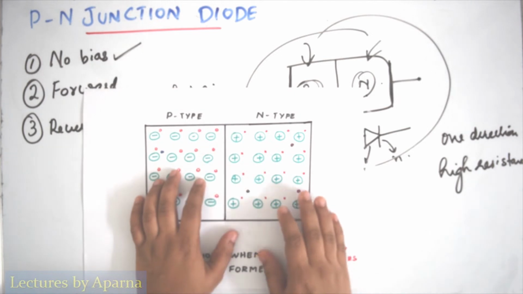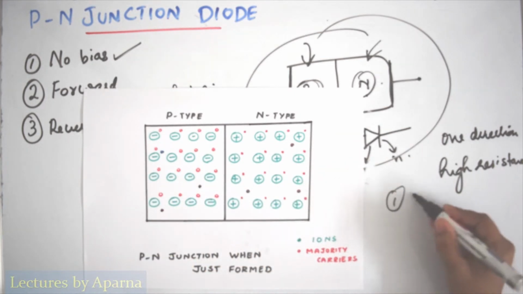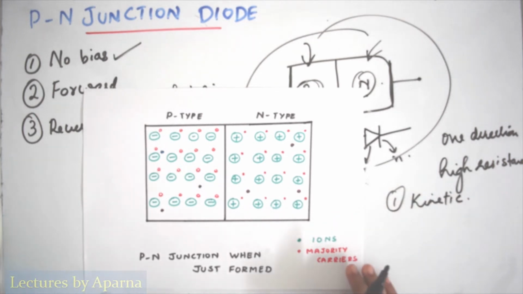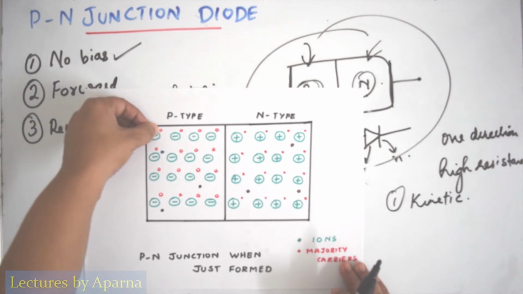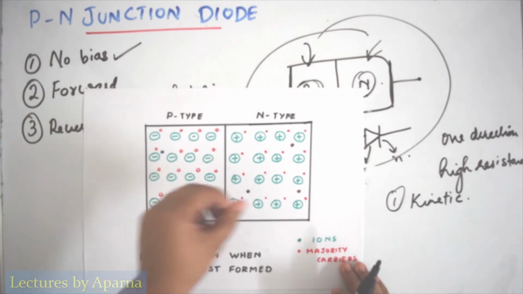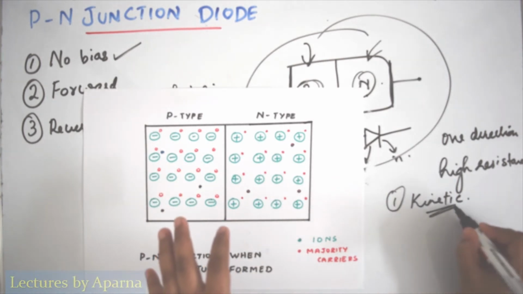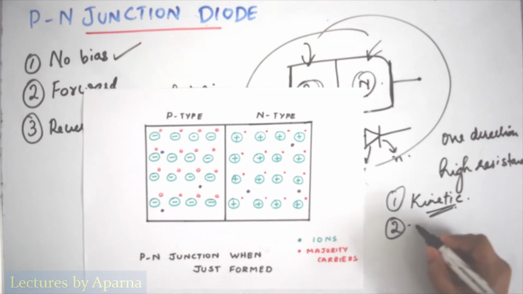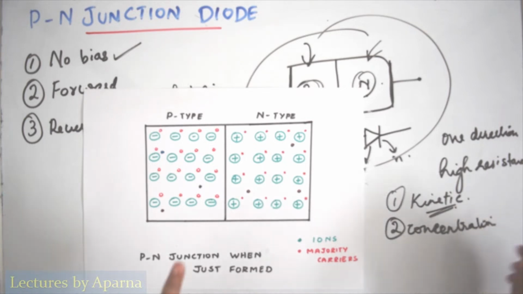Why is this diffusion happening? Why are they crossing this junction? There are two reasons for it. One reason is the kinetic energy they have, since they are mobile. Ions are immobile, but these holes and electrons are mobile, so they will possess kinetic energy. The second reason is the concentration gradient.